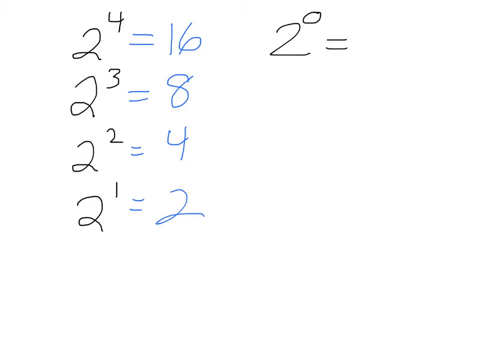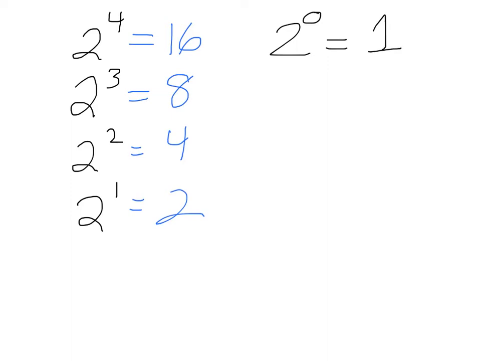If you do it correctly, every time the exponent decreases by 1, I've divided by 2. To go from 1 to 0 is a decrease by 1, correct? So 2 divided by 2 is equal to 1.